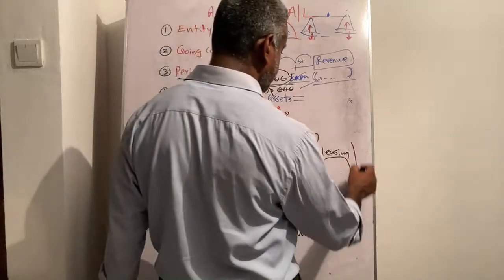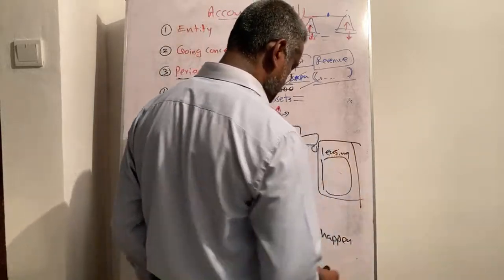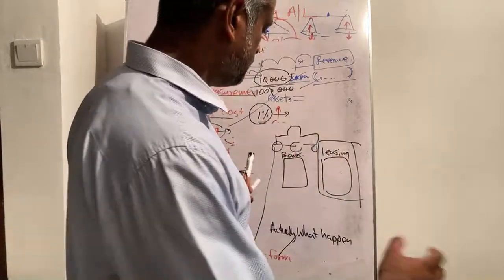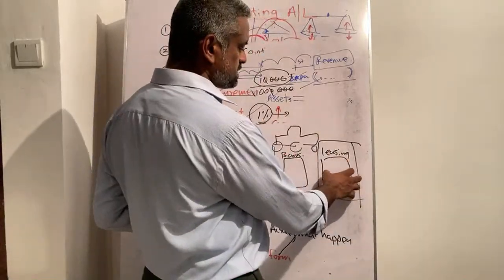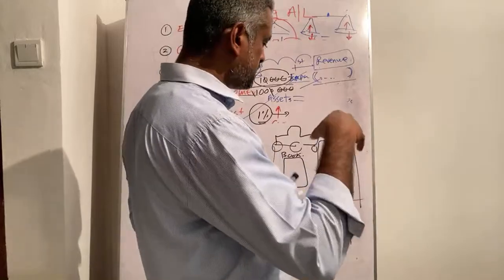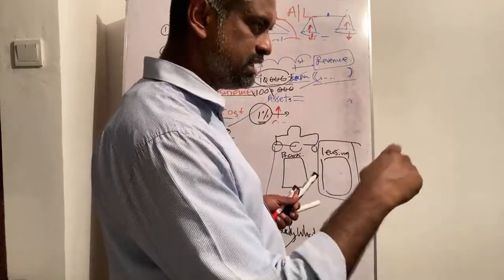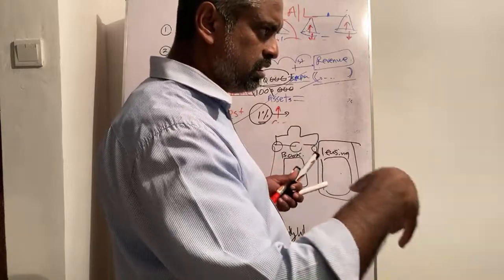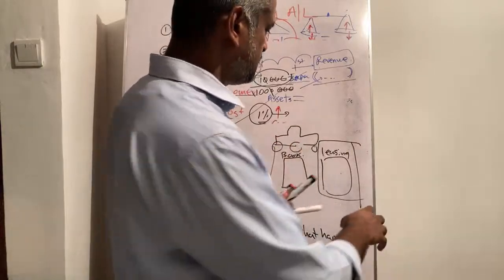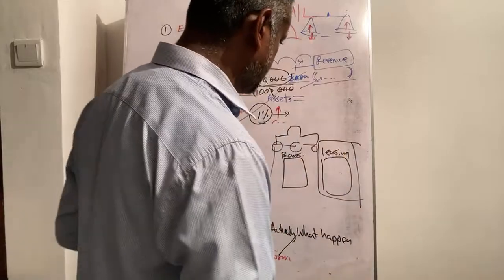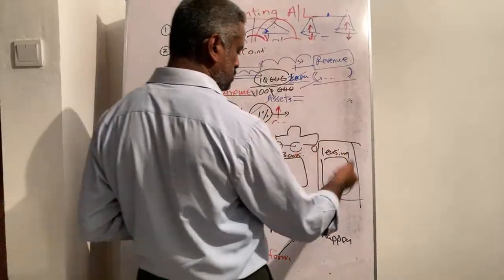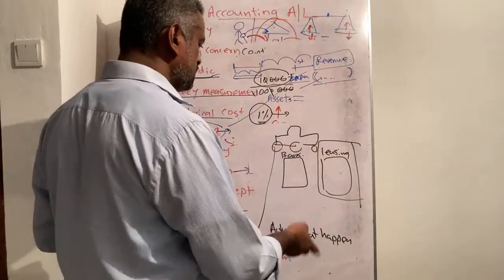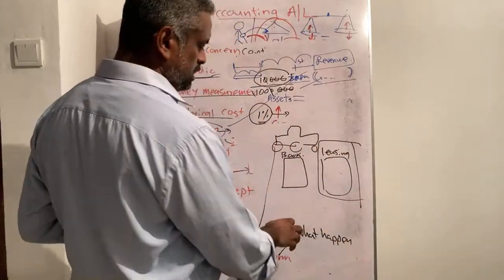This leasing company is registered under the company's law of the country. It's a legal body. You can sue that company, and that company can sue you. Likewise, it's a legal body, right?